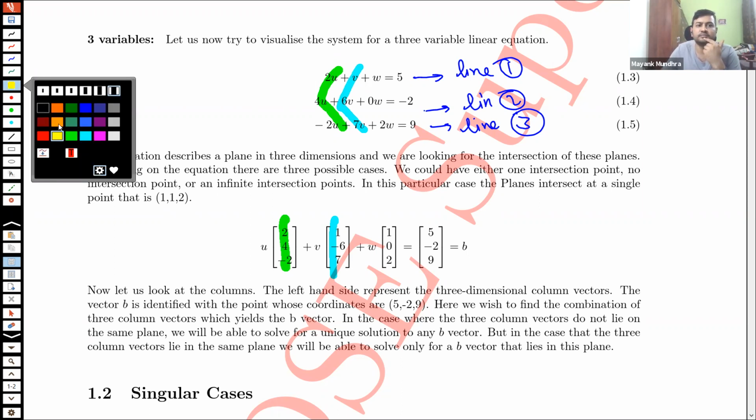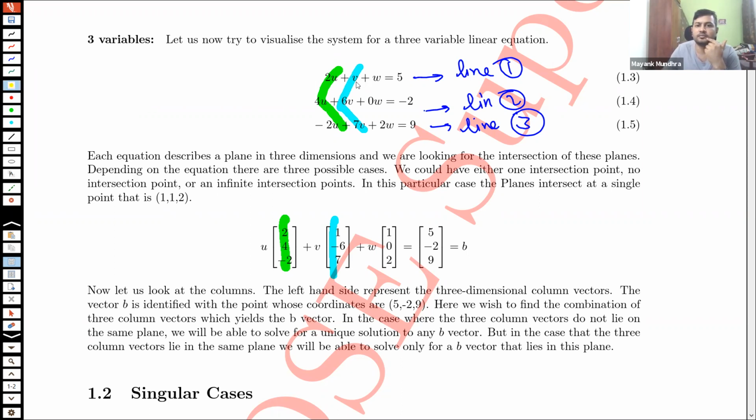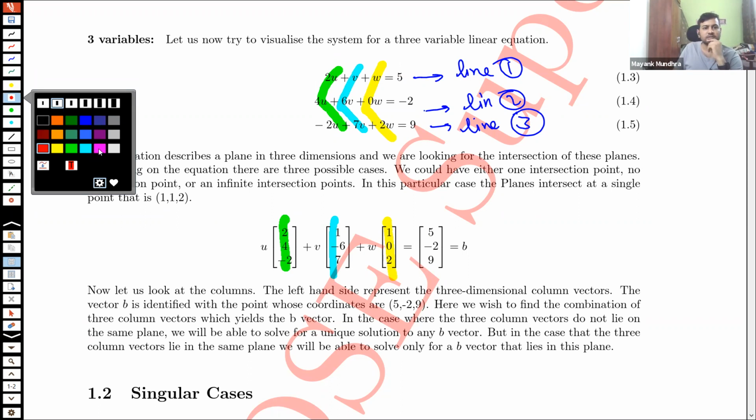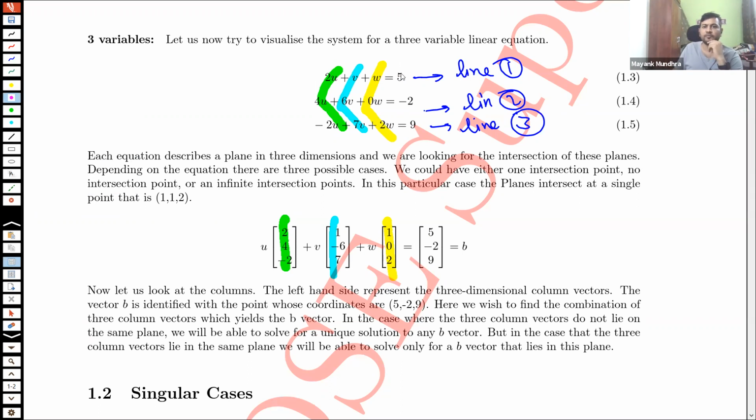And finally, (1, 0, 2). And the last thing is these numbers, they come back here as they are. All right, so this is how you can switch from one representation to another.